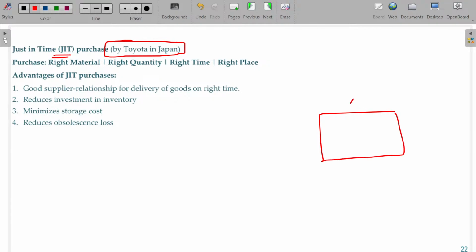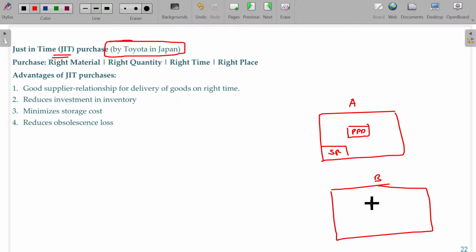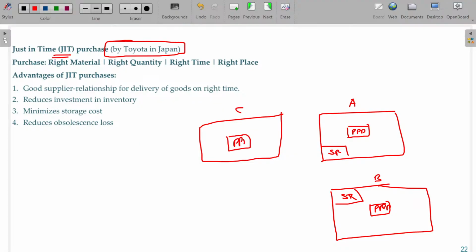Department A or Organization A, Production Planning Department, and they have the stores here, and B, their Production Planning Department, they have stores here, storeroom, and C, their Production Planning Department, storeroom here.